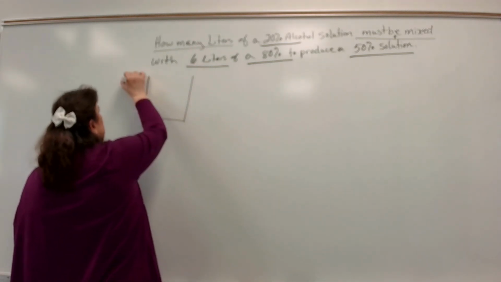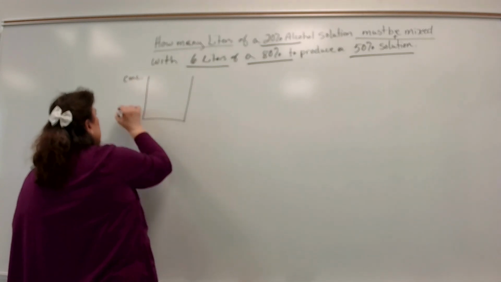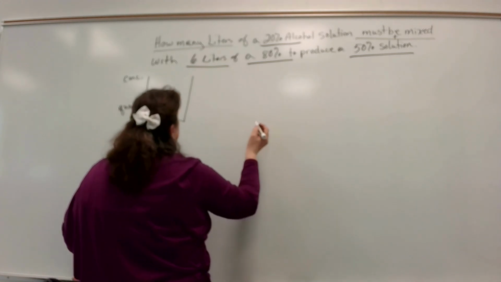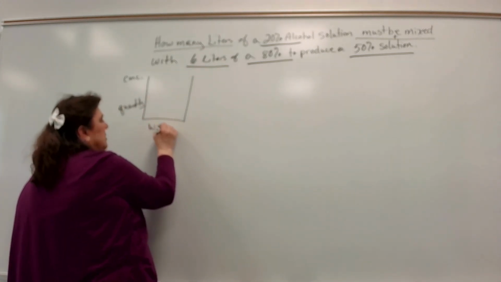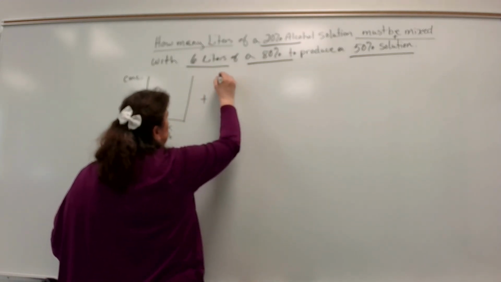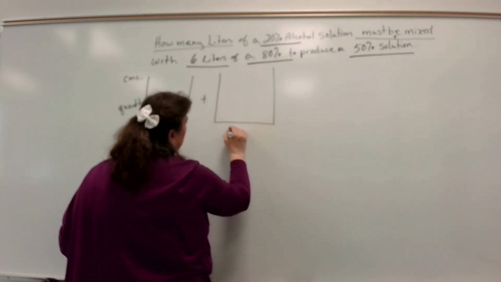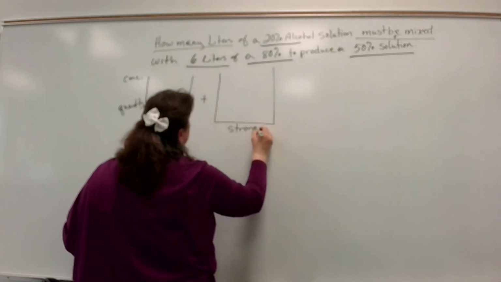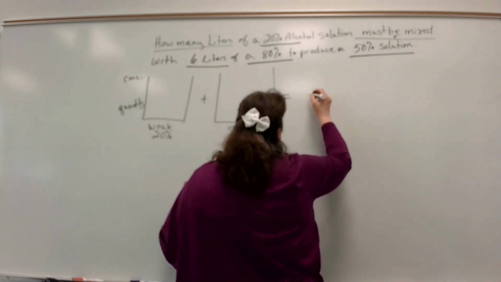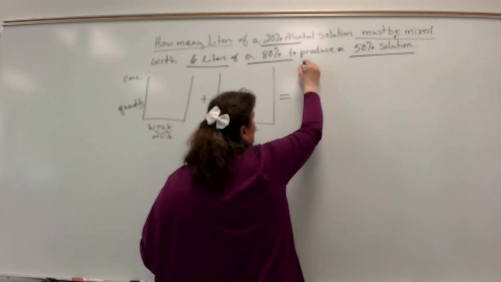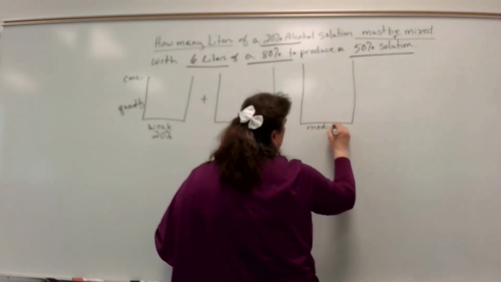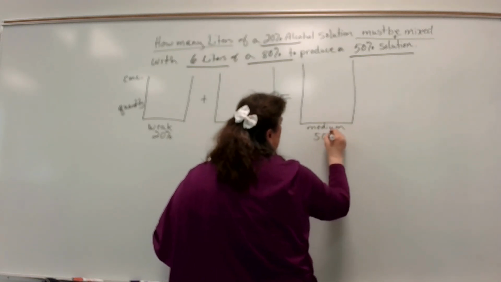Remember, in our buckets, our concentration goes on top of the bucket and the quantity goes inside the bucket. Our first one is our weak solution, a 20% solution, plus our strong solution, an 80% solution. And it is going to produce a medium strength solution, which in this case is a 50% solution.